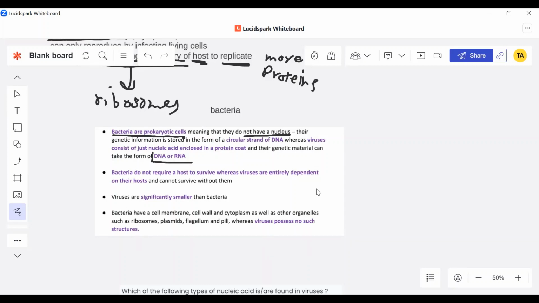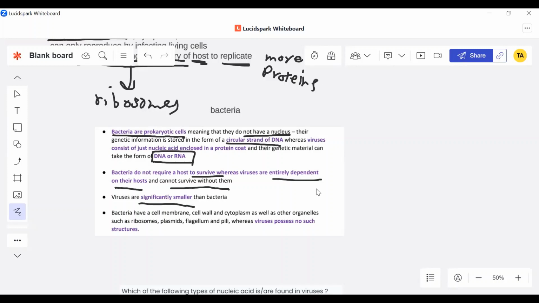As I told you earlier, viruses can have DNA or RNA, whereas bacteria will have a circular strand of DNA. And bacteria do not require a host to survive, whereas viruses are entirely dependent on their host and cannot survive without them.